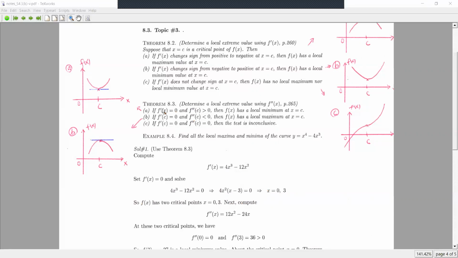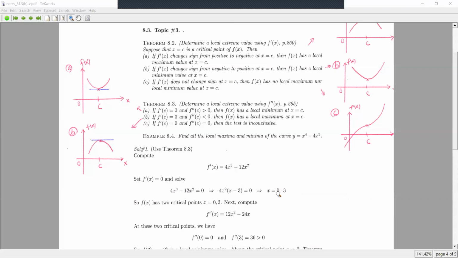Okay, now to use this theorem, next, let's compute the second derivative. Take the derivative of the first derivative to get the second derivative. Now, evaluate the second derivative at the two critical points. At 0, plug in 0 here, then I get 0.